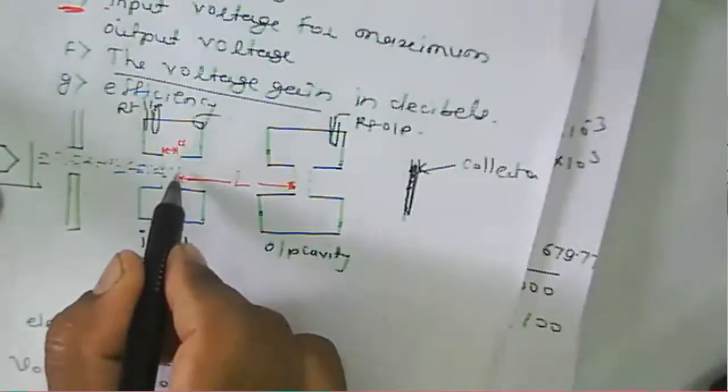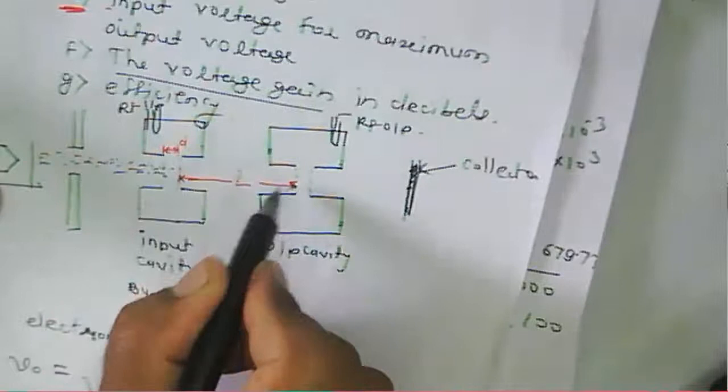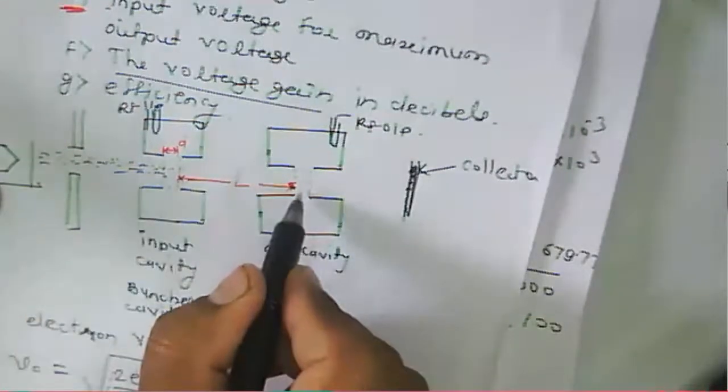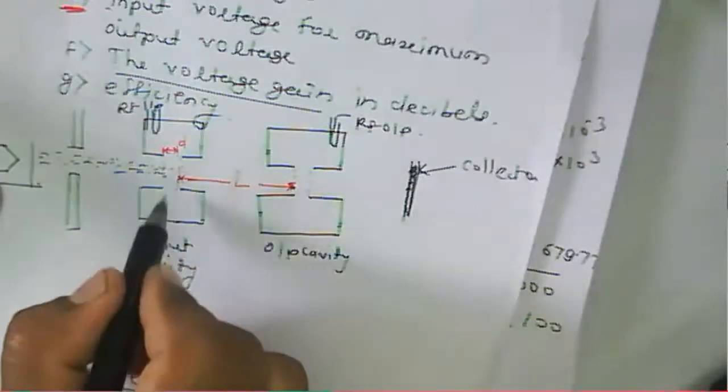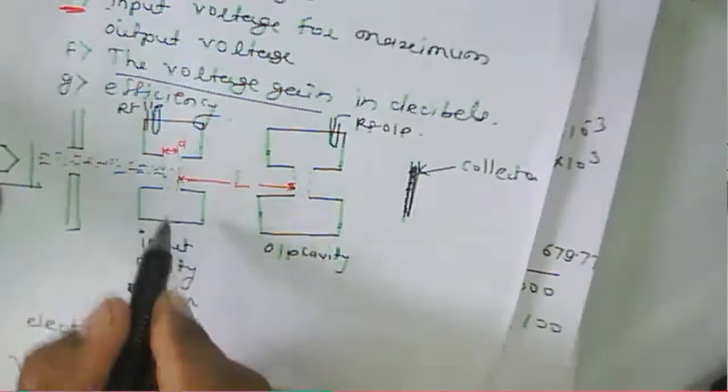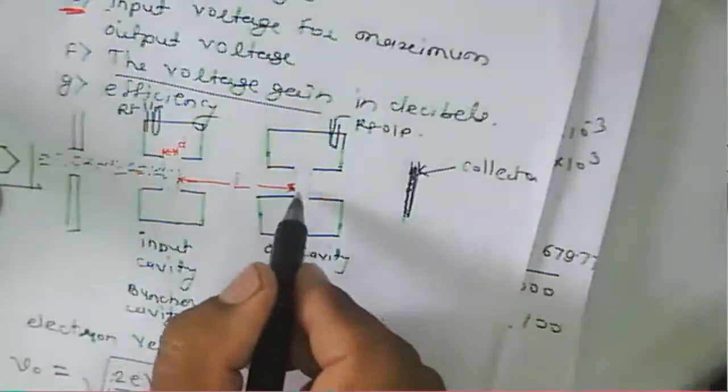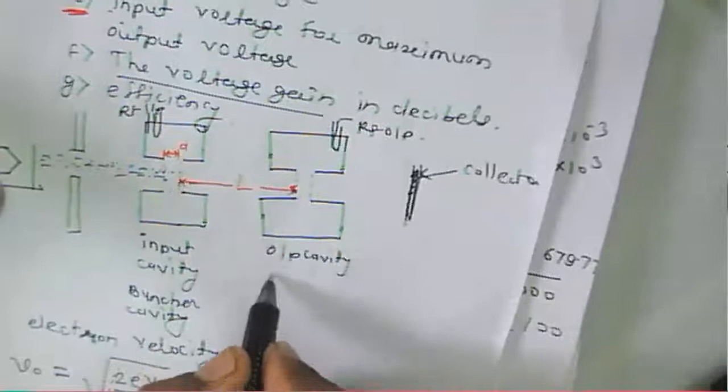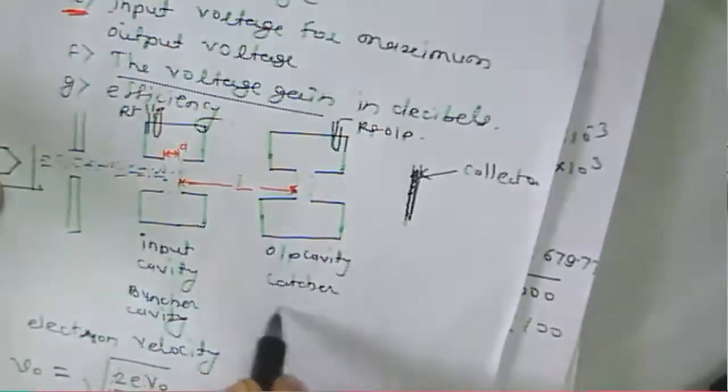The drift region length means the length from the input cavity to the output cavity. This one is your first cavity, and this one is your second cavity. The first cavity is the input cavity, which we call the buncher cavity. The second cavity is the output cavity, or the catcher cavity.